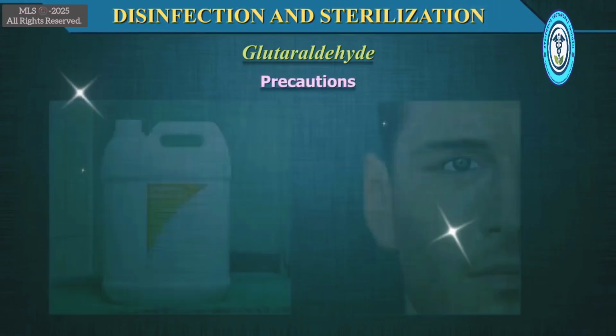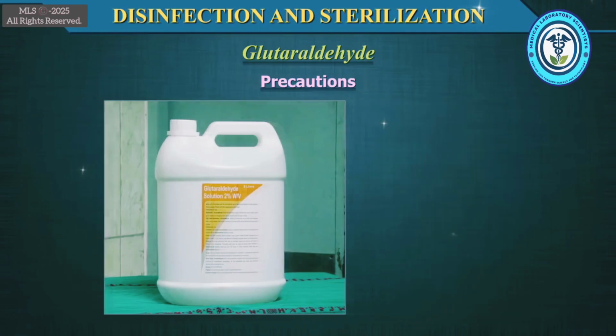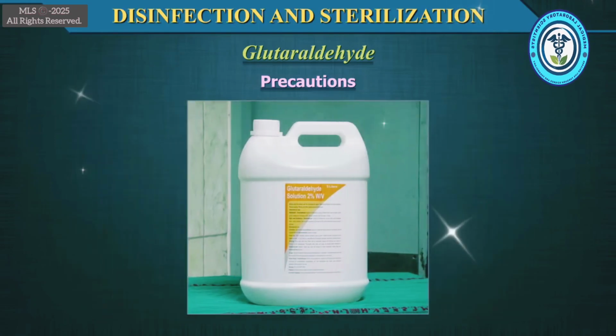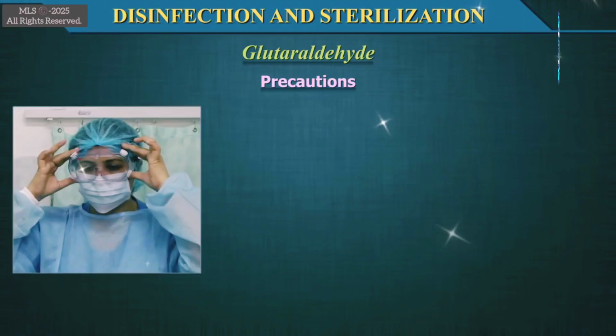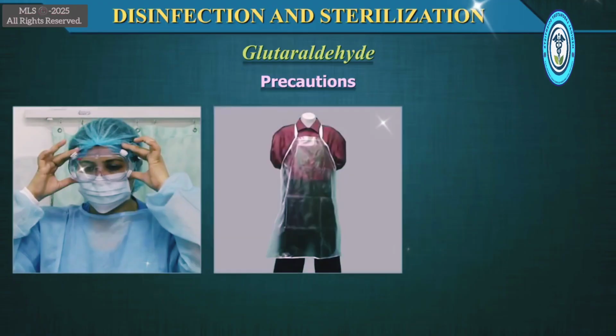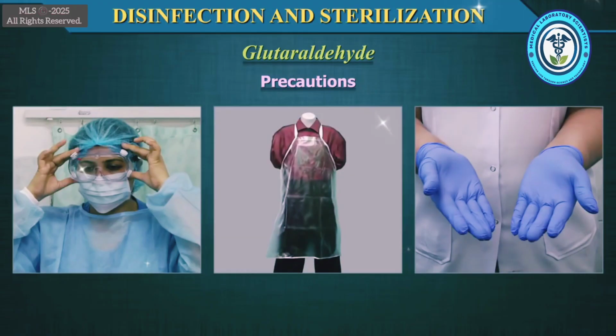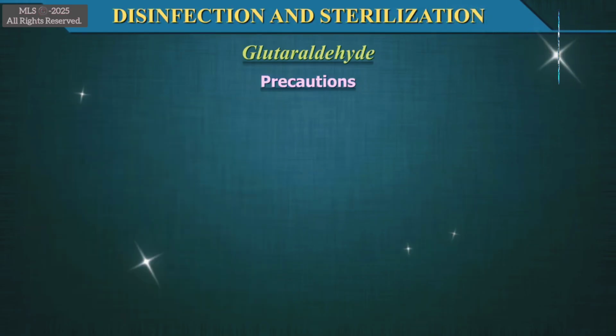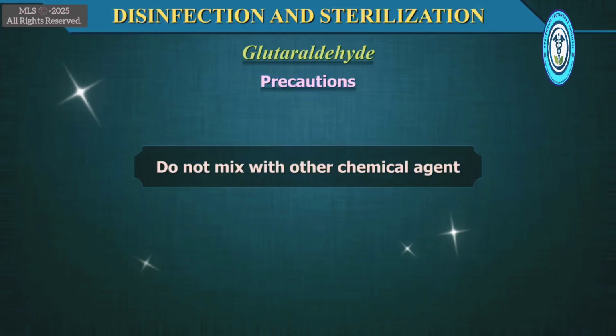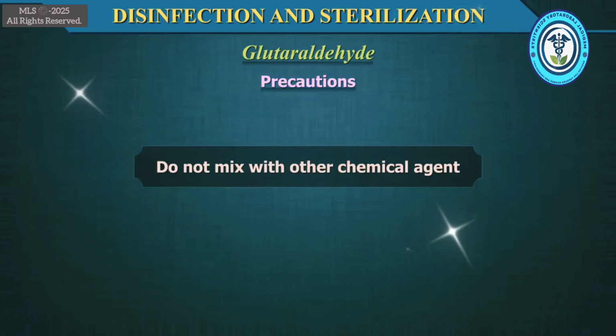Precautions: eye and nasal irritant, use in well ventilated area, keep covered with well-fitting lids, wear eye protection, plastic apron, and gloves while handling. Efficacy decreases in the presence of organic and inorganic material. Do not mix with other chemical agent except the activating agent supplied by the manufacturer.